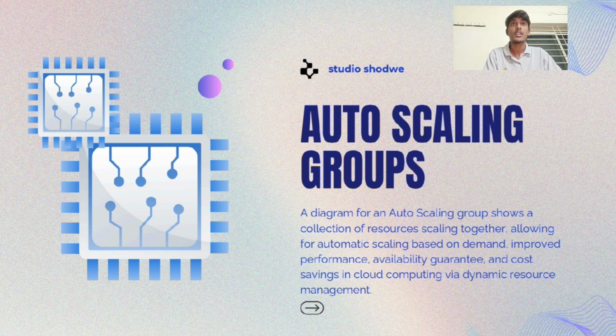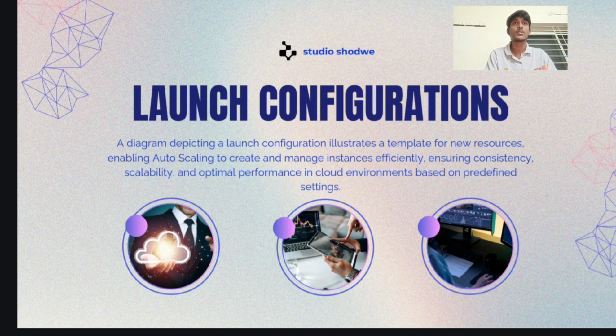These hooks provide an opportunity to execute custom actions such as configuring software, updating databases, or notifying monitoring systems before an instance becomes active or after it's marked for termination. The flowchart usually represents the lifecycle events, ensuring smooth automation and efficient resource management within an auto scaling group.